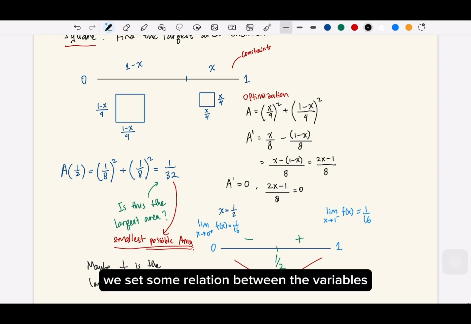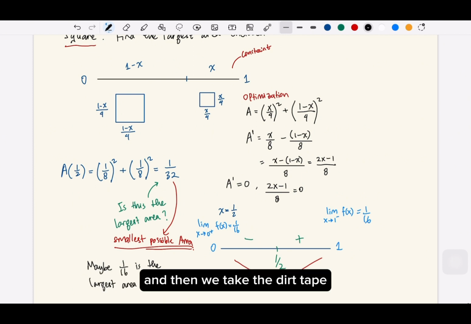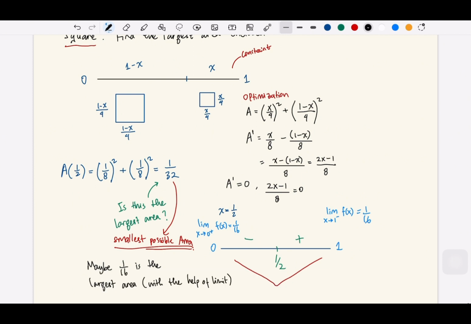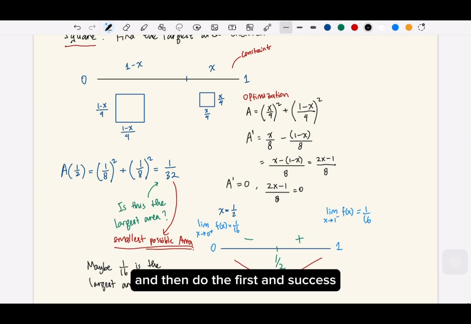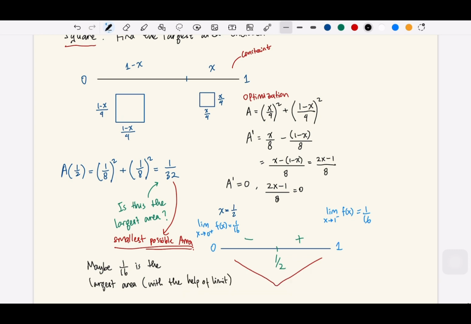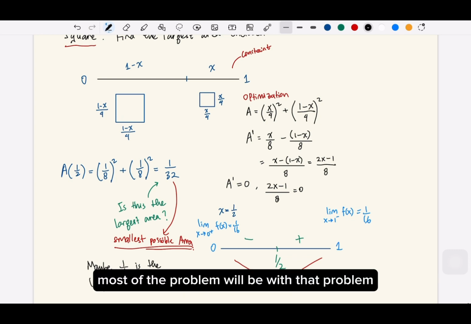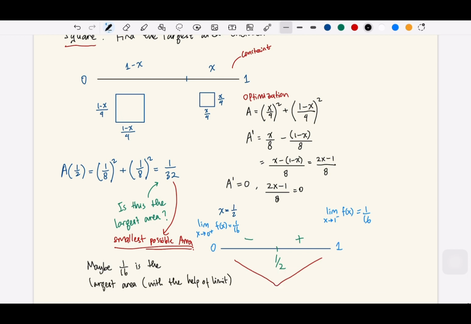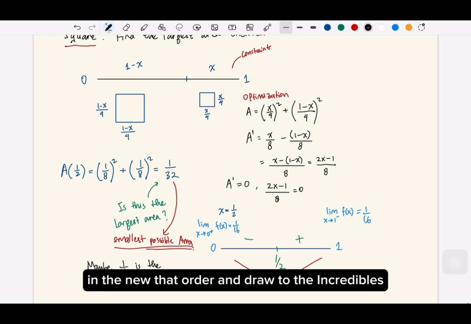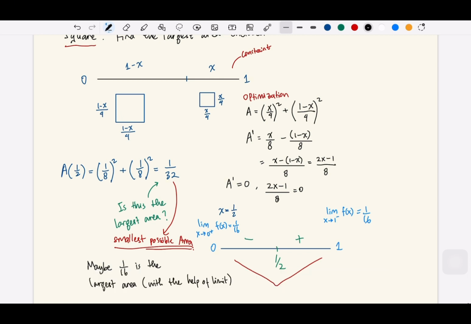We set some relation between the variables, okay? And then we take the derivative, and then do the first derivative test, and then we have the critical points, and check the critical points, and then we get the values. Most of the problems will follow that algorithm, in that order. Draw, name variables, and so on and so forth. Always similar, okay?